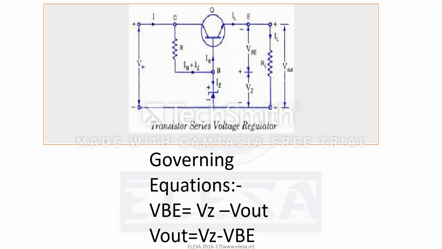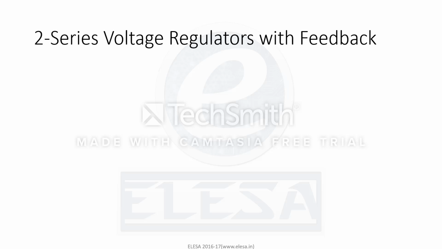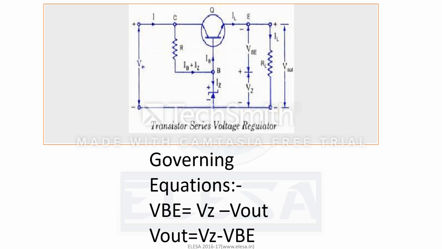Now, let the supply or input voltage increase, which will cause an increase in the output voltage Vout. An increase in output voltage Vout will result in a decrease of Vbe because Vz is fixed, and a decrease in Vbe will reduce the level of conduction.